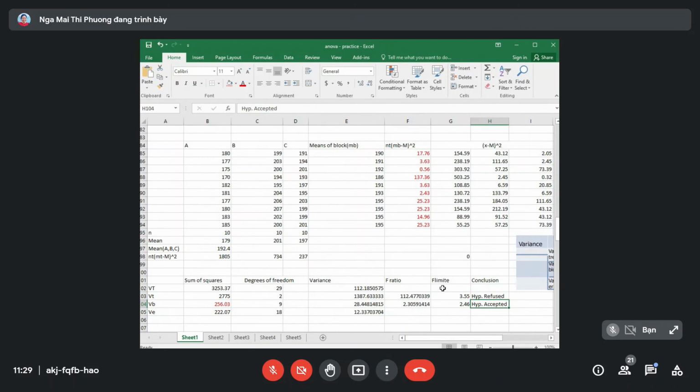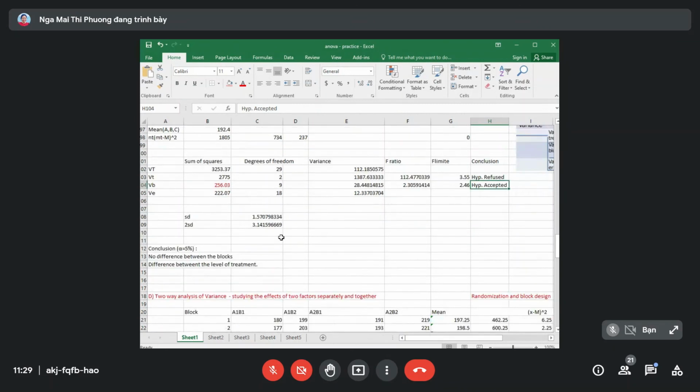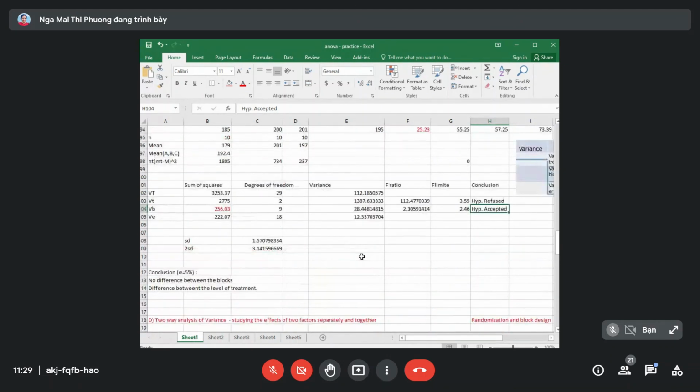Okay, and we continue to do the SD, 2 SD, and the different means as we did before. So what is the value of SD? We take the square root of 2 multiplied by variance of error and divide by number of repetitions.